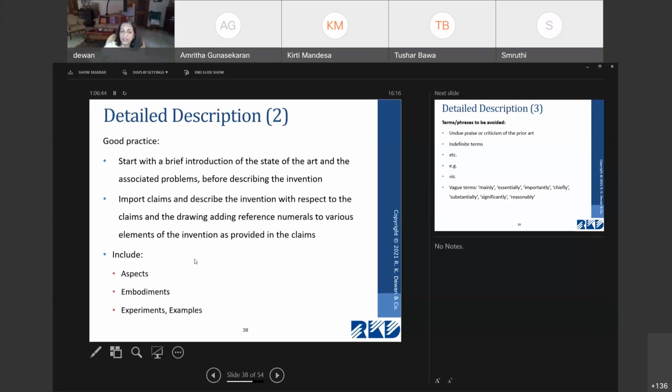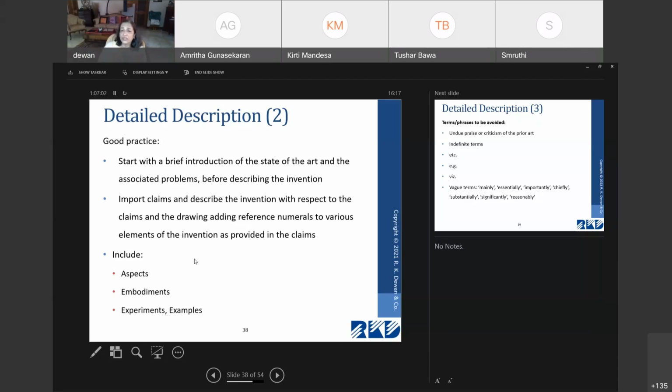This consistency is very important, and the same reference numeral must be used for the same part. Consistency between drawings and the description is very important.